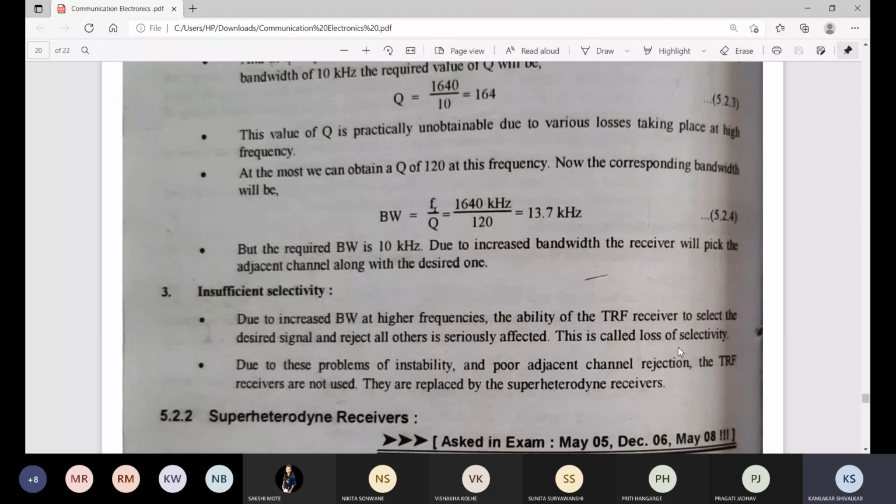This is called loss of selectivity. And when instead of selecting a single frequency, it selects more than one, then it is a loss of the selectivity.